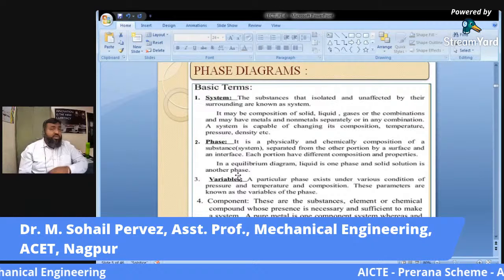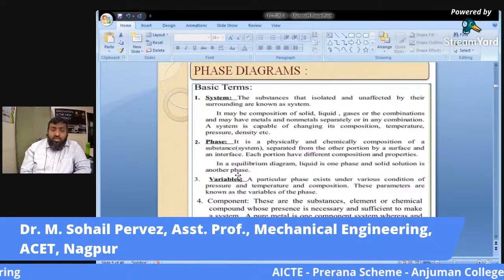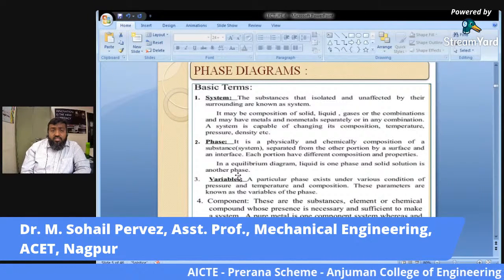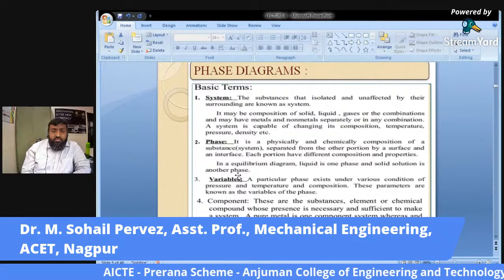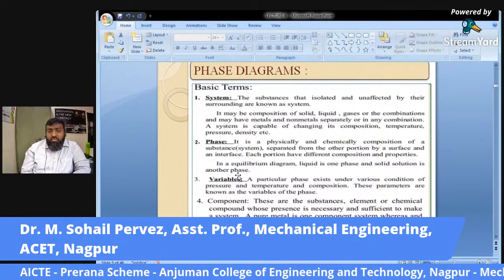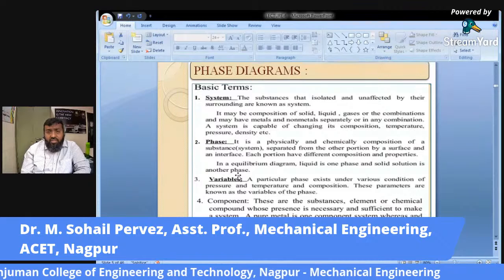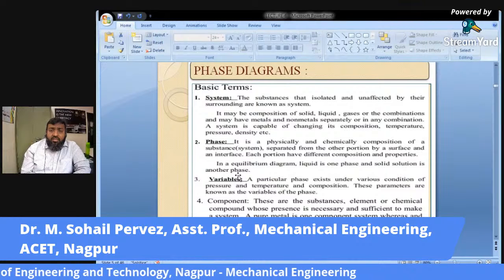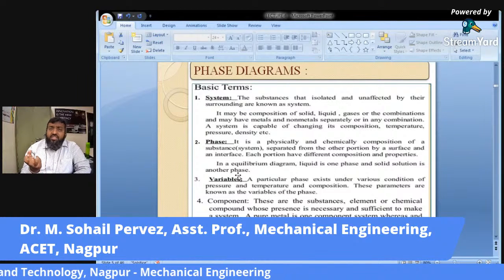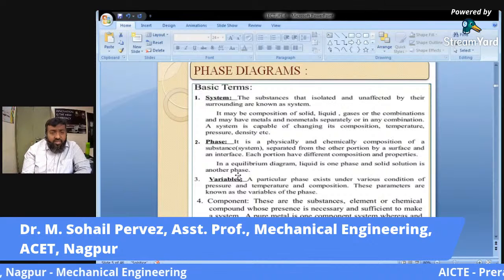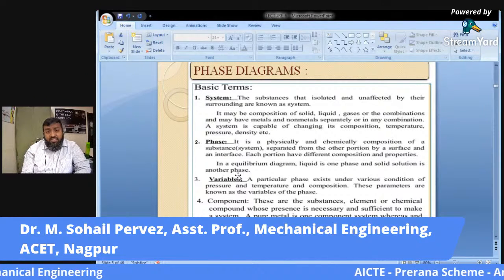Now, there are a few terminologies which we'll be using throughout our lecture. That is system. A system may be the composition of solid, liquid, gases, or the combination of any of the metal. But the system will be unaffected by its surroundings. That is very important. The next is phase.